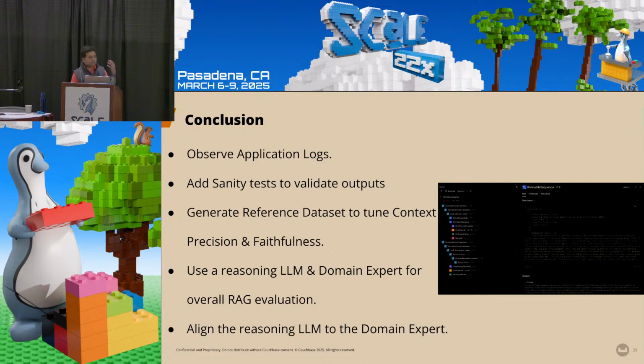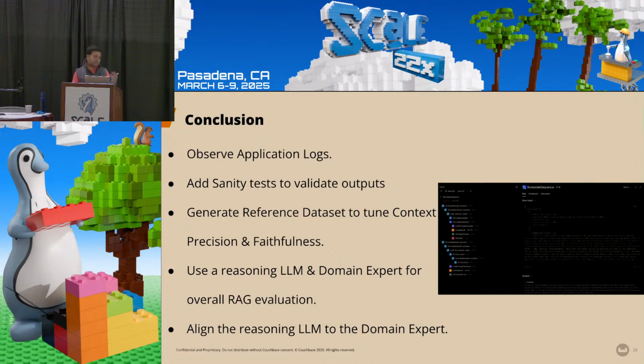If possible, try to observe them as much as possible, especially when you start off, so that you can find some groups of questions that your application is serving well and some groups that might not be served well. Then it's always a good idea to add some sanity tests to validate outputs. Things like structured outputs are pretty good.